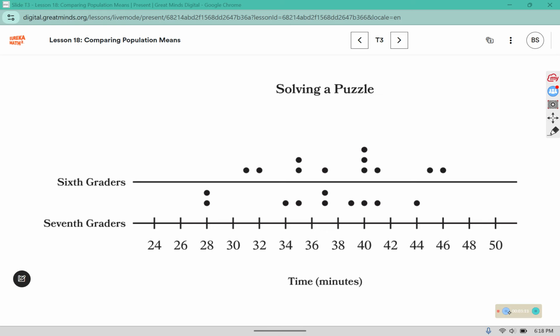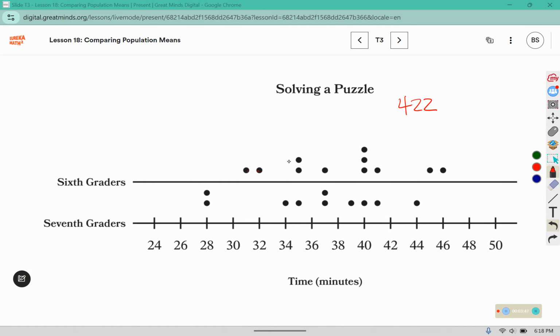So for the 6th graders, we would add 31 plus 32 plus 35 and 35 because there are 2 of them, 37, 3 40s, so 40 plus 40 plus 40, 41, 45, and 46 together, which is 422.